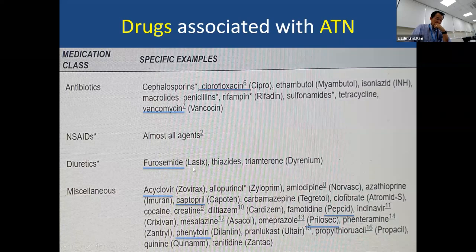So if you use any drug longer than a certain amount, and you see here all kinds of drugs we are using, captopril, antiviral drugs, even Prilosec for gastroesophageal reflux, thyroid medication, seizure medication, Dilantin, or Zantac, every kind of drug can cause this tubular necrosis.